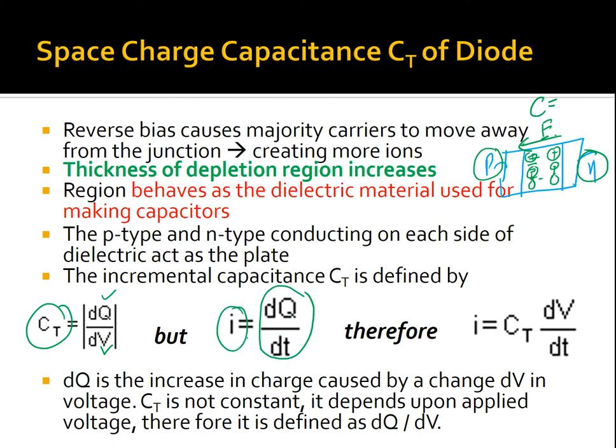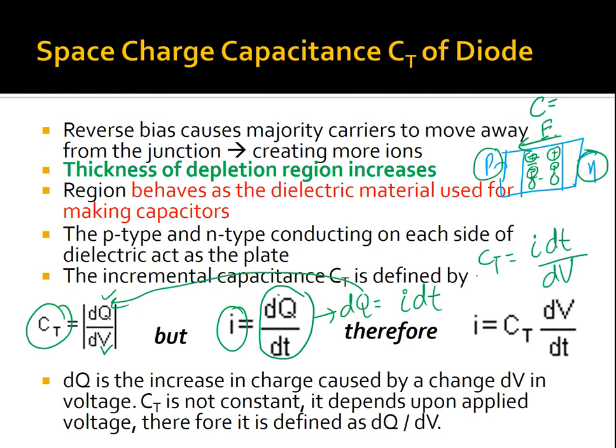So from this equation, dq equals I times dt. If we put this here, Ct will be equal to I dt over dv.